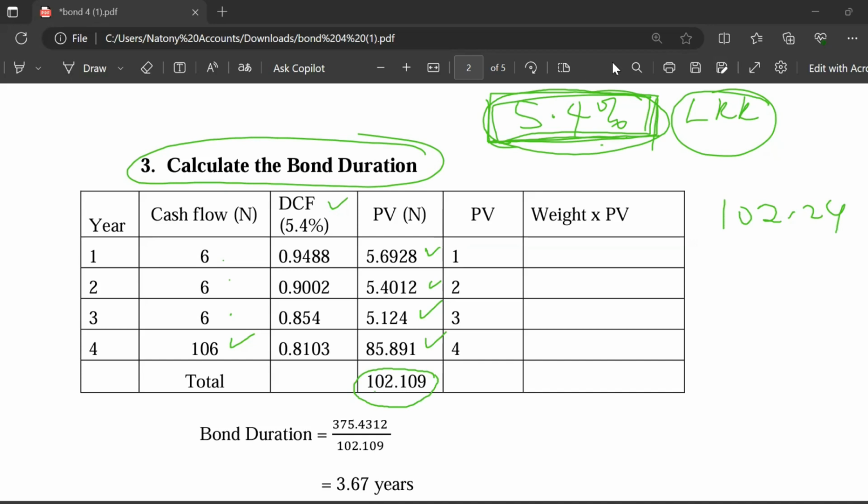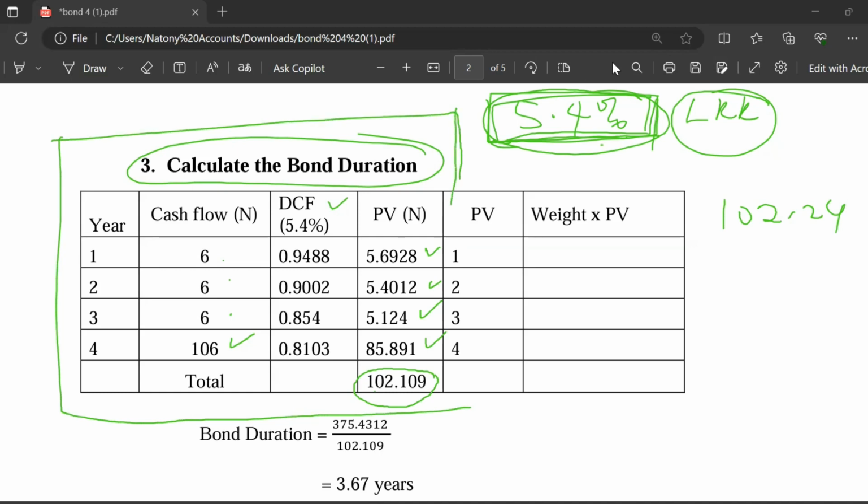Okay, so this area of the solution is the calculation of the bond value in another way. So this is the bond value. But if I did not want to calculate the duration, I would have just done cash flow year one to year four, which is 6 naira, 6 naira, discounted at 5.4, which is the YTM.